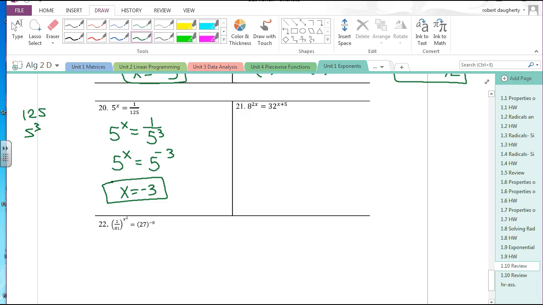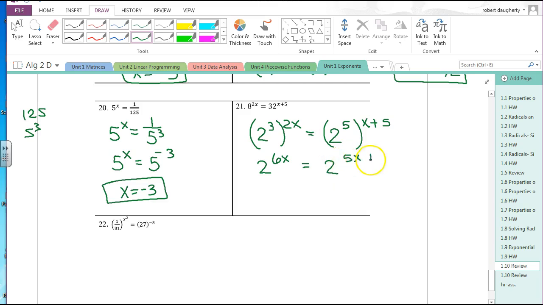8 to the 2x equals 32 to the x plus 5. So 8, you know that 8 is 2 cubed. You know that 32 is 2 to the 5th. So if I expand all of this out, I get 2 to the 6x is equal to 2 to the 5x plus 25.